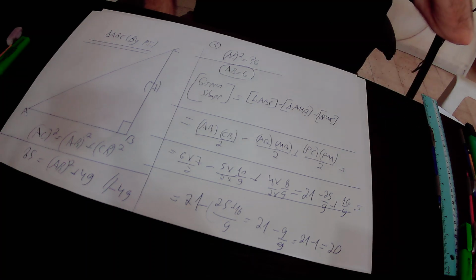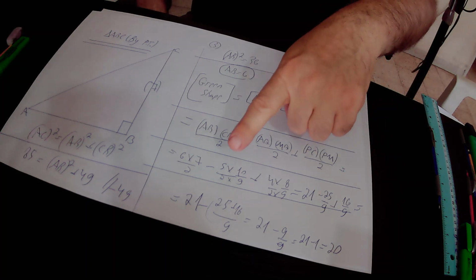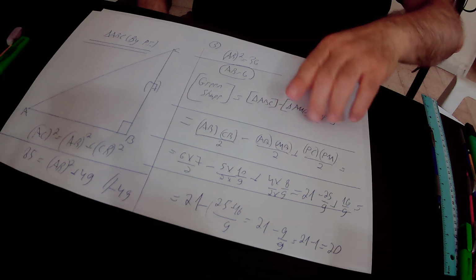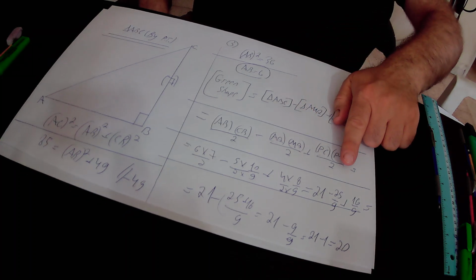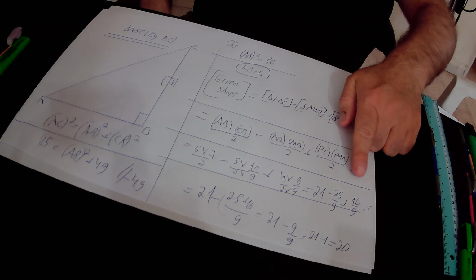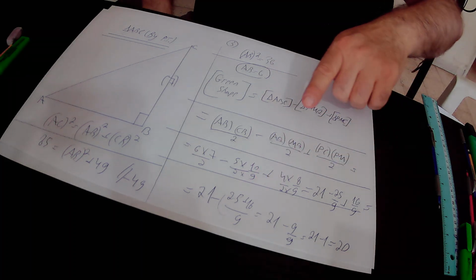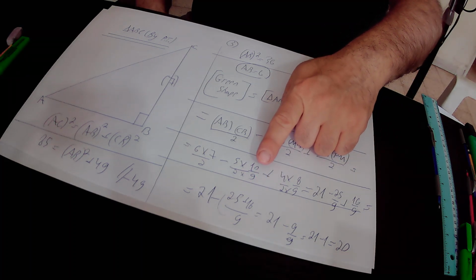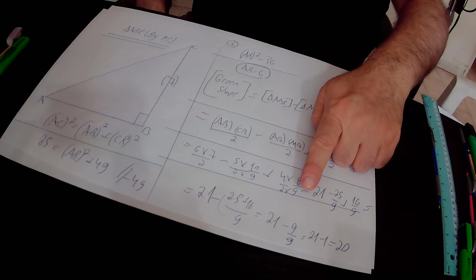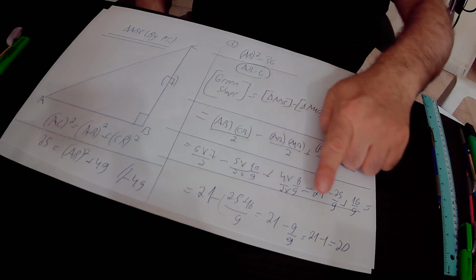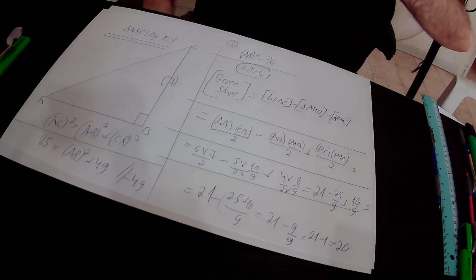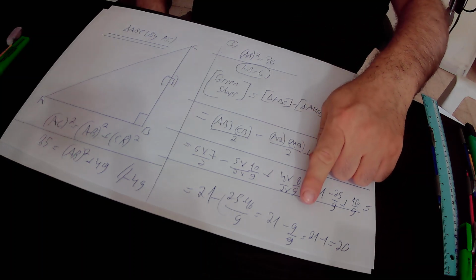So the area of the green shape in total equals 21, and here we have minus 25 plus 16 over 9. Minus 25 plus 16 is minus 9, so this expression equals minus 9 over 9. So the area of the green shape equals 21 minus 9 over 9.